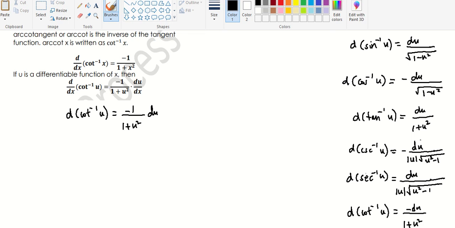And for the arc secant u naman, we have du over the absolute value of u times the square root of u squared minus 1. Magkakapareha lang po sila. Yun nga lang, ang arc cosecant ay negative, ang secant naman po ay positive. Okay, so sana po ma-familiarize natin ang ating mga sarili sa mga formula na to. Kasi ito po yung gagamitin natin mamaya sa ating mga examples.